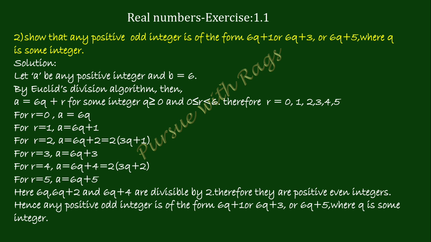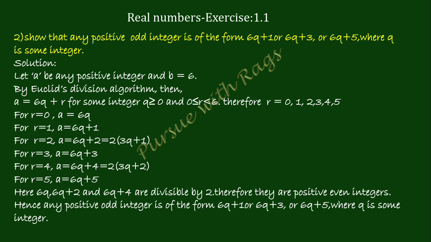Now divide those numbers by 6 and check what the remainder is. You will get the remainder as 1, 3 and 5. Nothing other than that. You will simply get the remainder as 1, 3 and 5 when you divide the positive odd integers by 6.